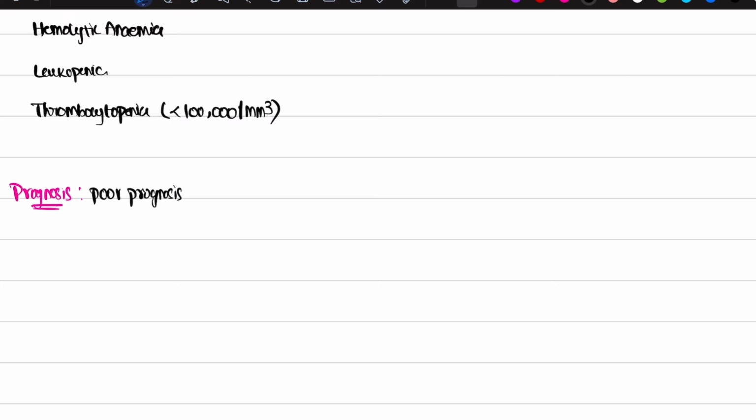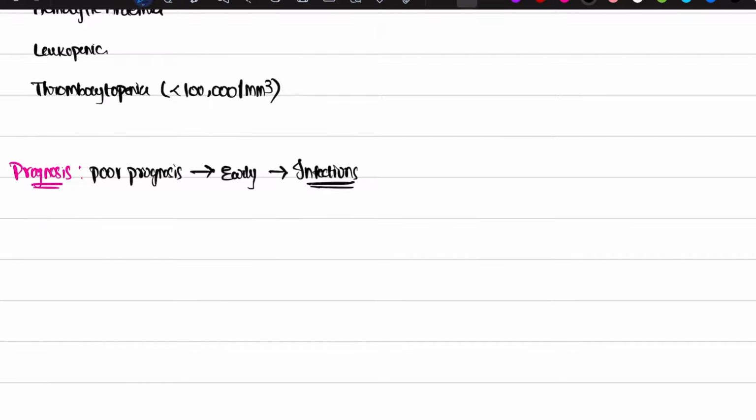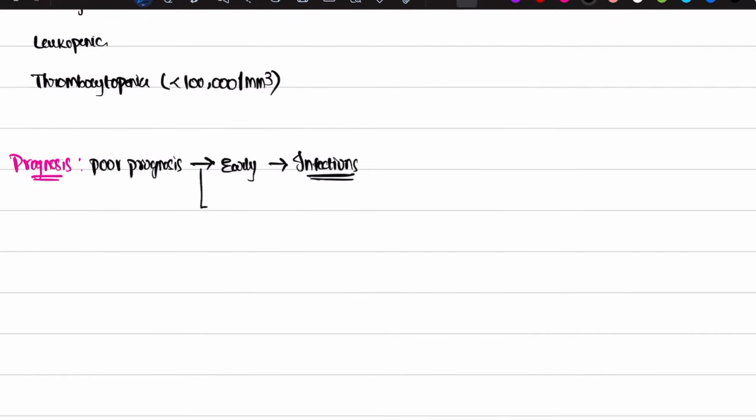In poor prognosis, the early cause of death is due to infections. But when it comes to the late stages of SLE, the cause of death is due to atherosclerosis.